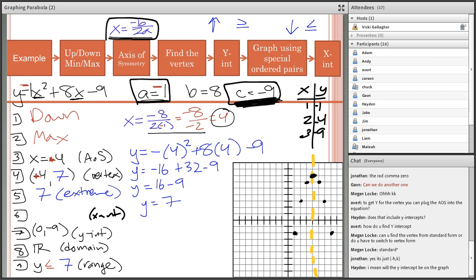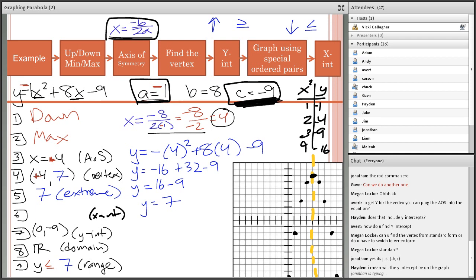However, these special ordered pairs, 1, 1, 2, 4, 3, 9, they don't stop at 3, 9. It's just that 3, 9 is usually the last one we can fit. We can actually go further. The next one would be 4, and 4 squared is 16. If I go over 4 and down 16, and reflect, there is my y-intercept.